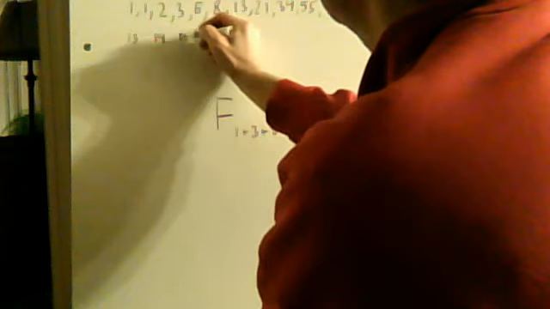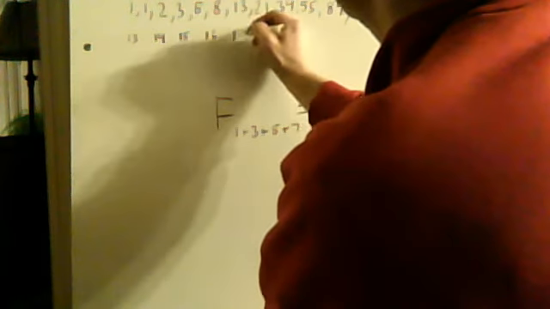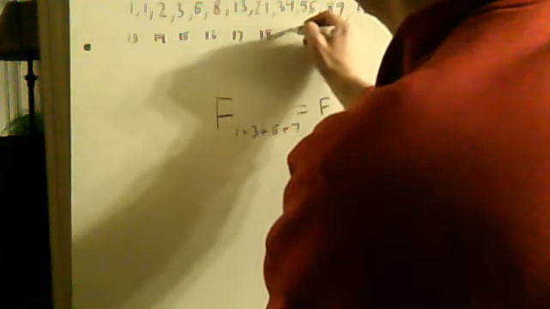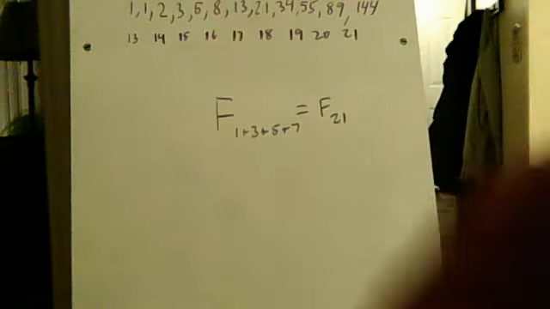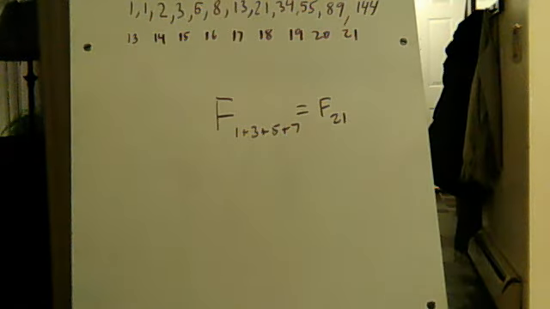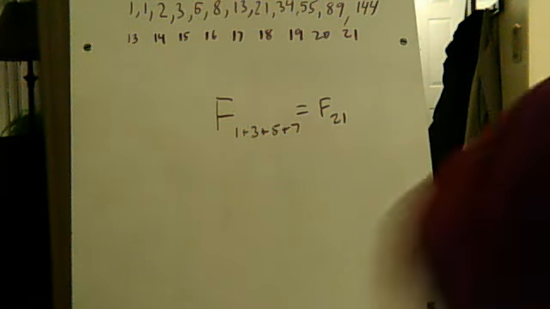Okay. 13, 14, 15, 16, 17, 18, 19, 20, 21. This is where it helps if they have like a little table with all the numbers ahead of time. We can always add them all up. No problem. But this next one is 233.